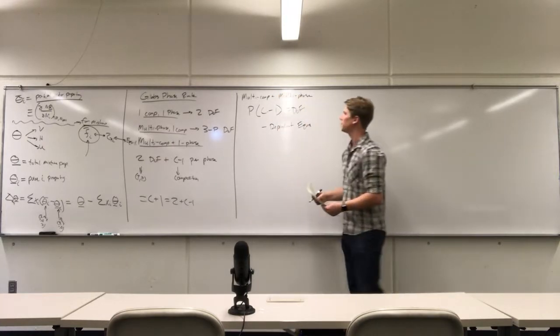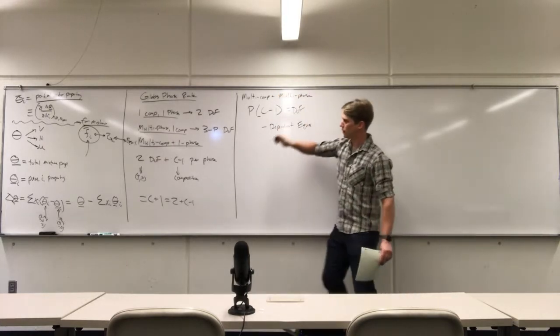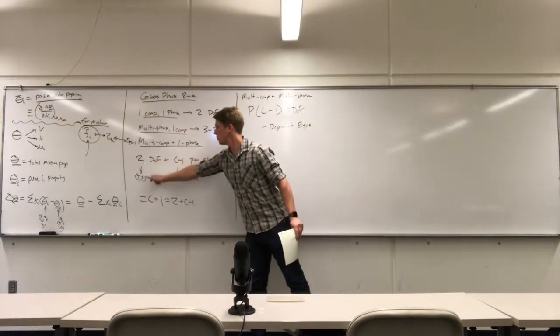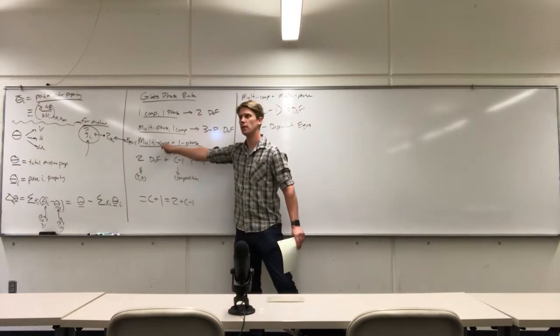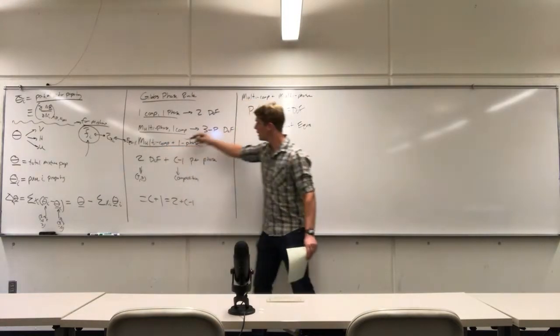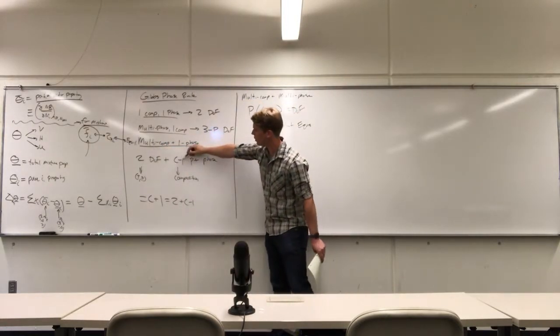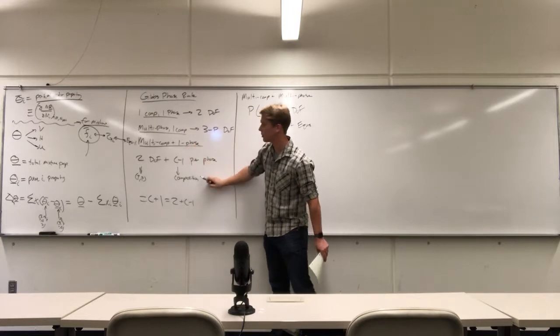So, same approach here. If we have 2 degrees of freedom, that gives us the temperature and pressure, that defines the properties for every component in the multi-phase multi-component mixture. We need an additional C minus 1 piece of information to describe the composition.